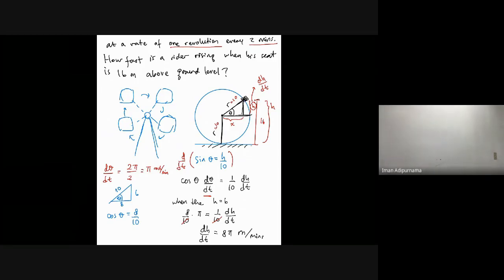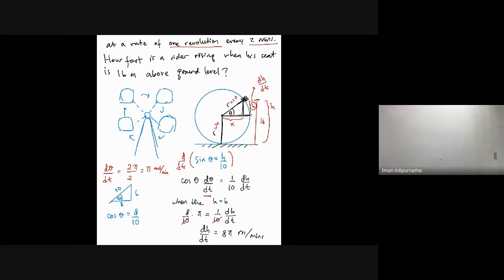The second one, to find the cos theta, you need to make sure of theta when it's 16, it's 6 here, and 6, 10 is 8. So cos theta is 8 over 10, right? So this is cos theta. This is just pi. It's equal to this 1 over 10 dh dt. And the question is asking for this dh dt, the rate of change of the height, actually.